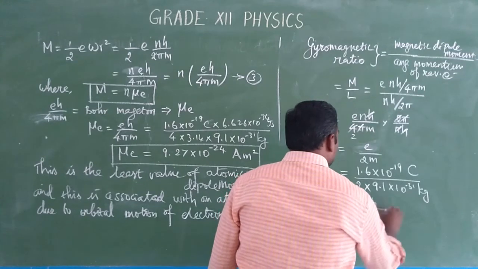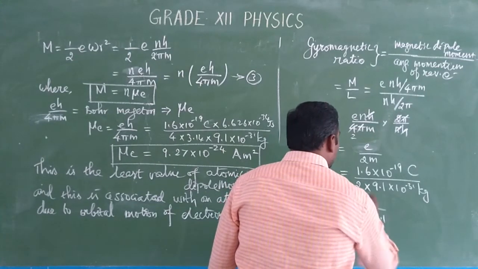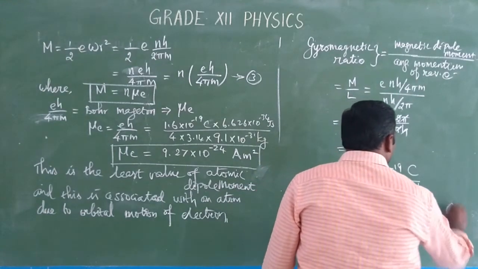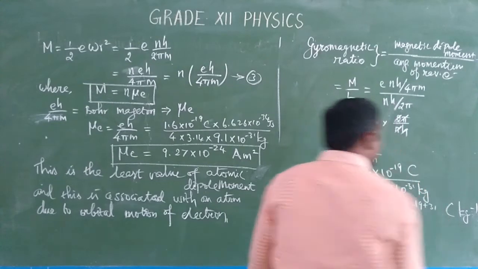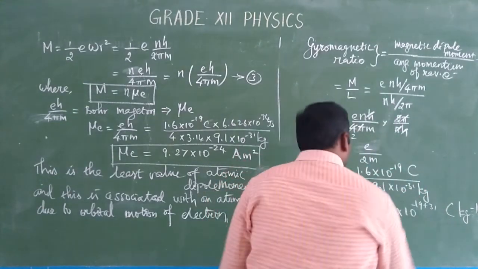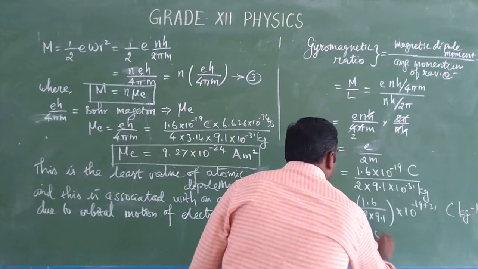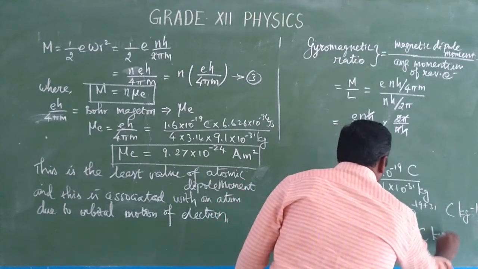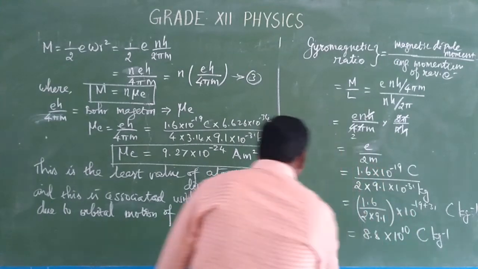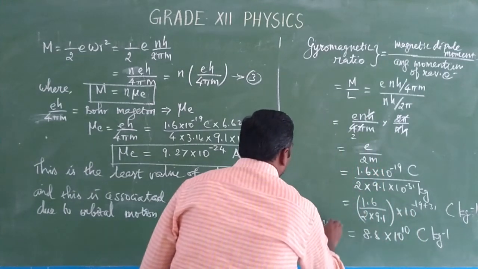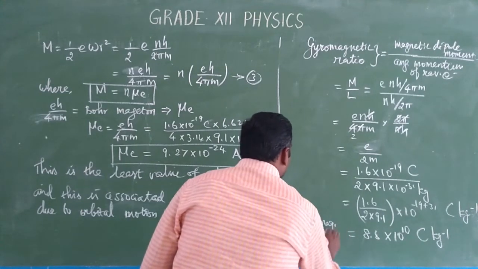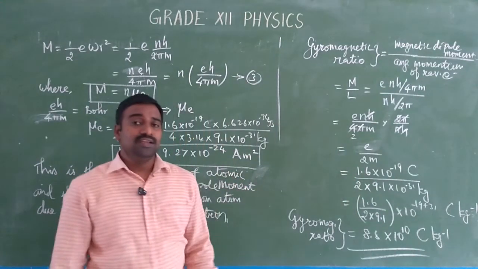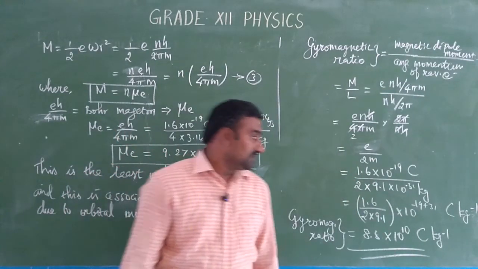So 1.6 divided by 2 into 9.1 into 10 to the power minus 19 plus 31, coulomb per kilogram. After dividing this, the value is 8.8 into 10 to the power 10 coulomb per kilogram. So the gyromagnetic ratio is 8.8 into 10 to the power 10 coulomb kilogram inverse.